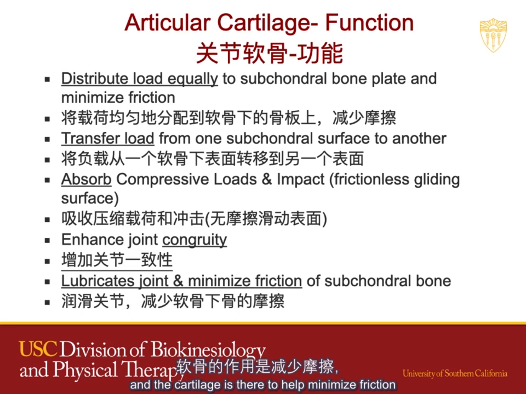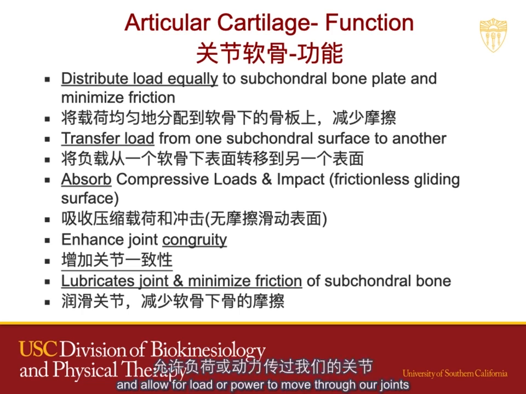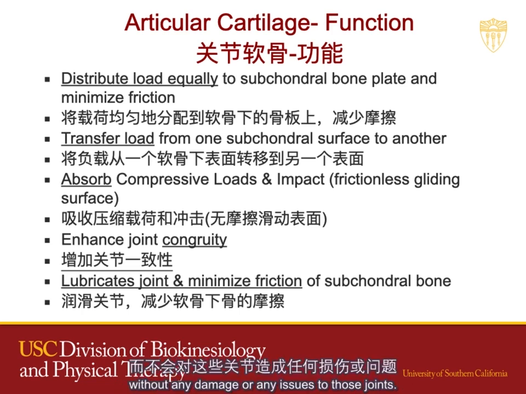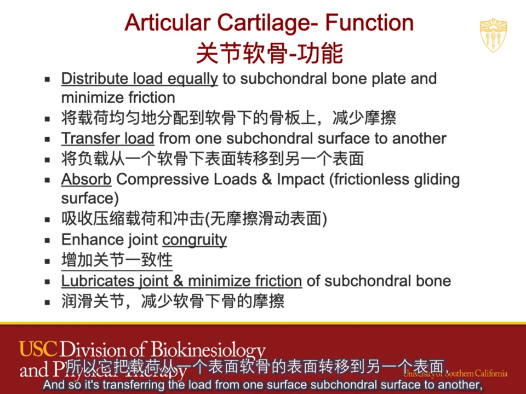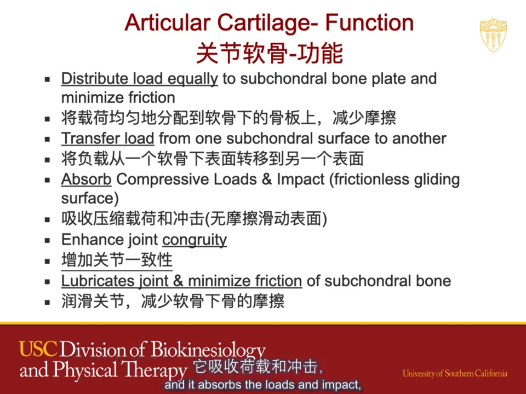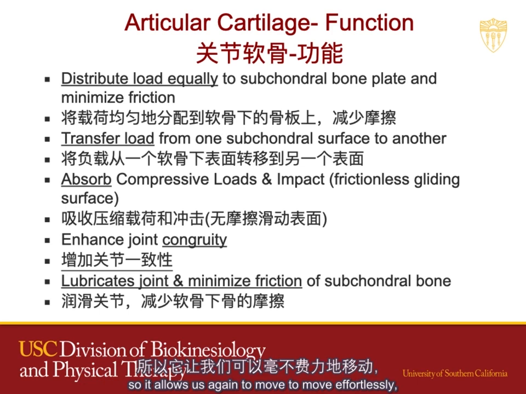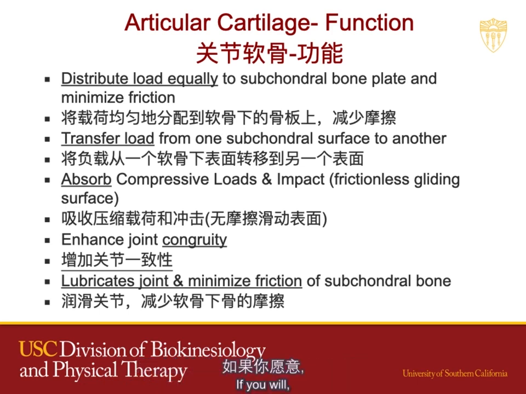And the cartilage is there to help minimize friction and allow for load or power to move through our joints without any damage or any issues to those joints. And so it's transferring the load from one surface, subchondral surface, to another, and it absorbs the load and impact. So it allows us, again, to move effortlessly, if you will, through our joints.